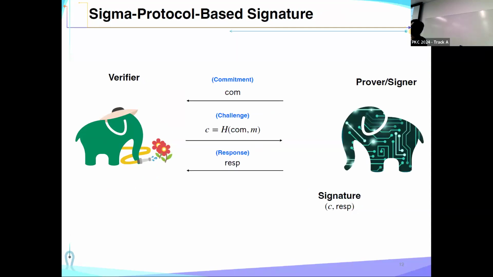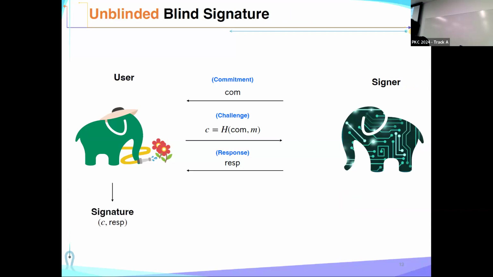So let's start from the sigma protocol. You might be familiar with this. We have the user and the signer, or say the prover, and they do commitment, challenge, response. If the prover uses the challenge and the response as the signature, right? So if you let this challenge and the response become the user's signature, then this is an unblinded blind signature.